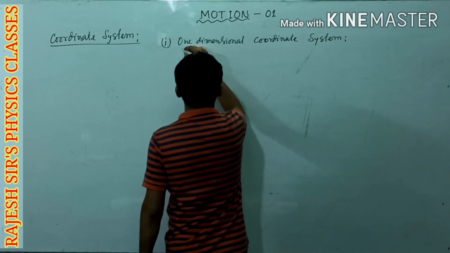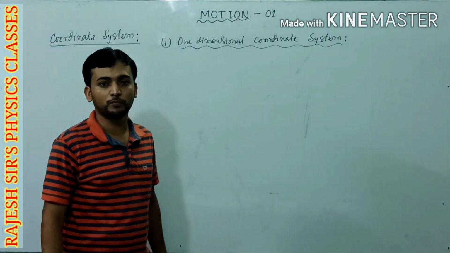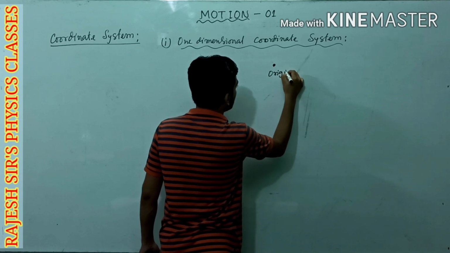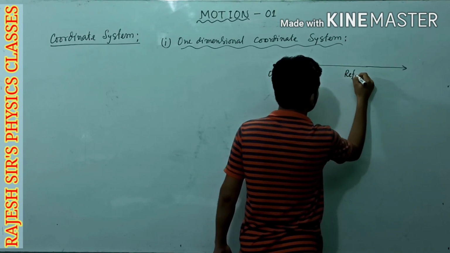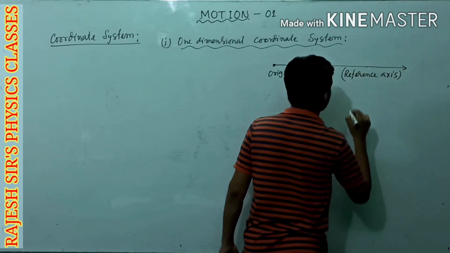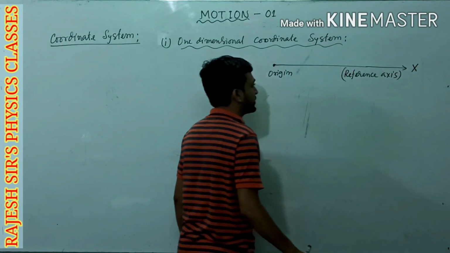What is this? One dimensional coordinate system is composed of origin and one reference axis. This horizontal reference axis is occasionally known as x-axis.